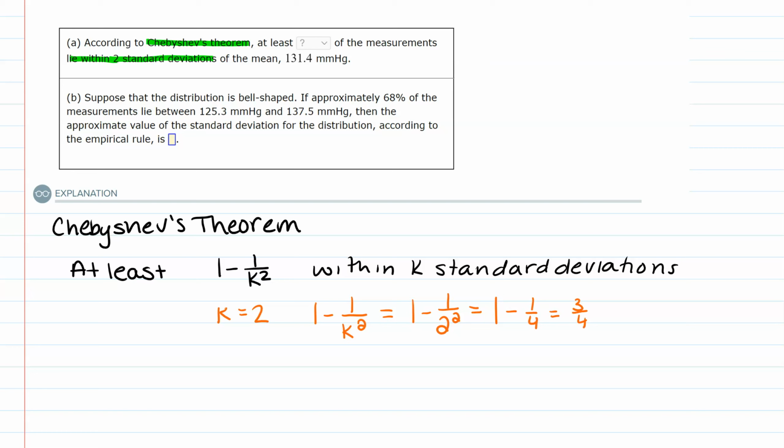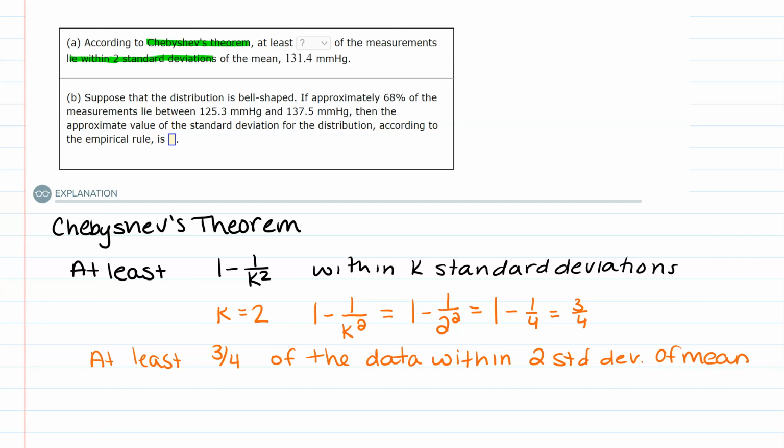So we would say at least 3/4 of the data, no matter what kind of distribution it is, at least 3/4 of the data will be within 2 standard deviations from the mean.